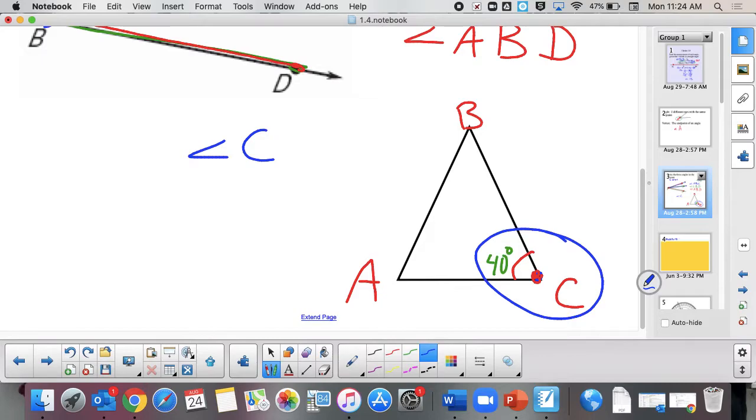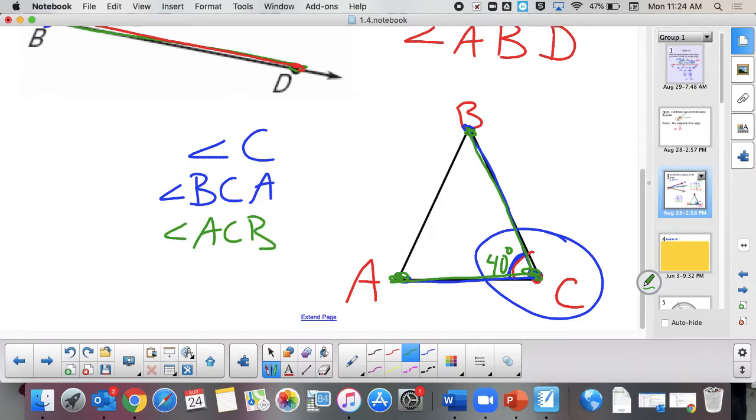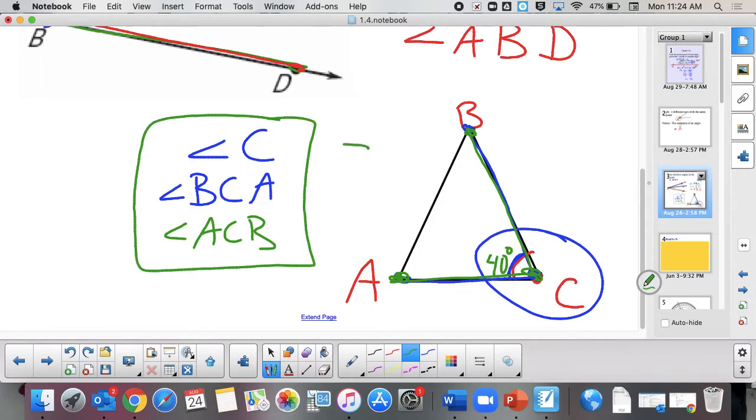I am also allowed to call it angle BCA if I wanted to, because if I start at B, go to C, end at A, I make that angle that's there. Likewise, we can call it angle ACB, because I can also make it that way. So you have some options in this scenario. Typically, if you can, we will name it with one letter. However, sometimes you will need to name it with 3.